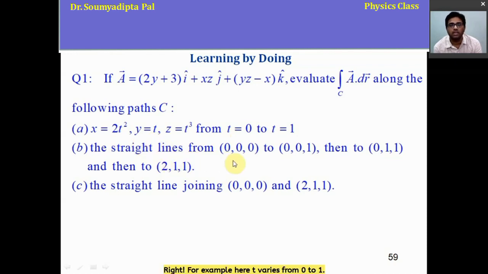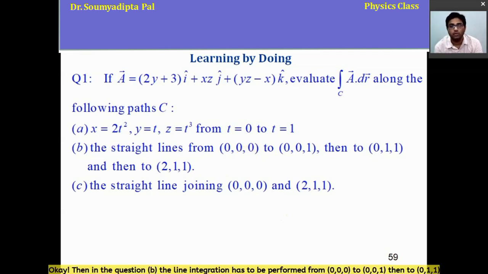For example, here t varies from 0 to 1. So these 2 points correspond to the points (0, 0, 0) and (2, 1, 1) respectively in 3-dimensional Cartesian coordinates. That means we have to find the line integral along a path which starts from (0, 0, 0) and ends at the point (2, 1, 1).